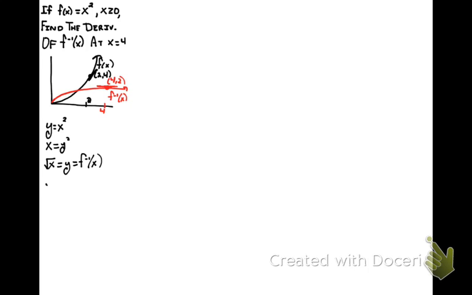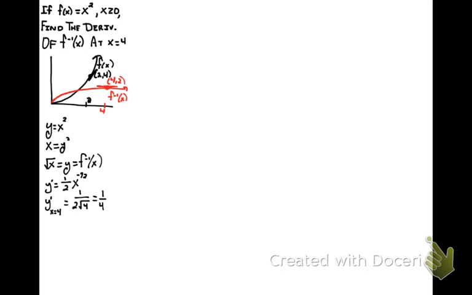So in this case, y prime would be 1/2 x to the negative 1/2. And we'd like to know specifically what is the value of the derivative when x equals 4. So this would be 1/(2 times the square root of 4), which is simply 1/4.